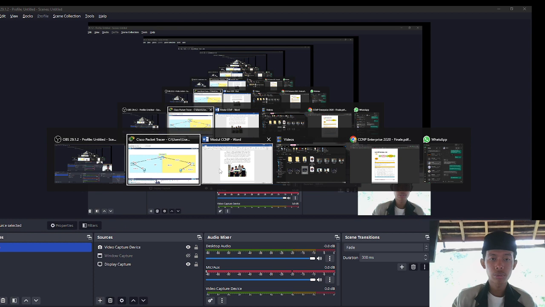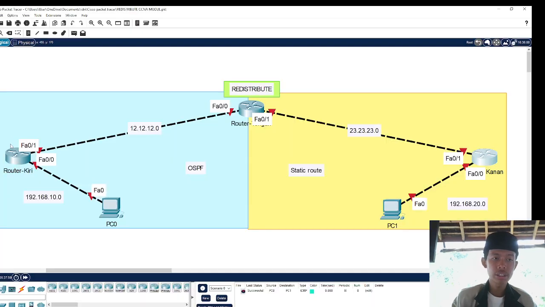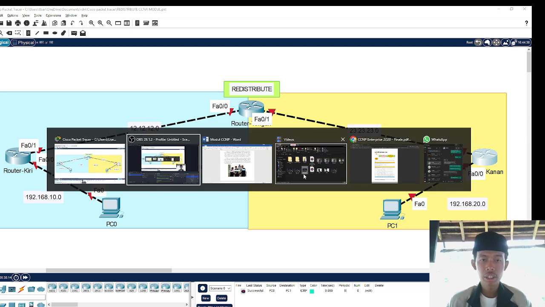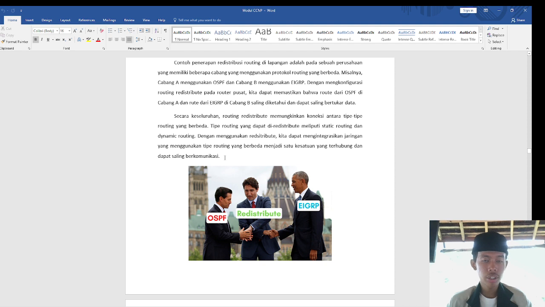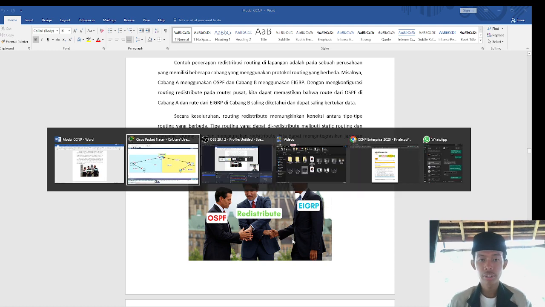Before we start, we have this topology, and you must know that OSPF is a dynamic routing protocol and static route is static. Because they are different types of routing protocol, they cannot communicate with each other without redistribution. It's like an example in the real world: like this man and this man, but in the middle, a middleman shakes two hands to transfer the information.